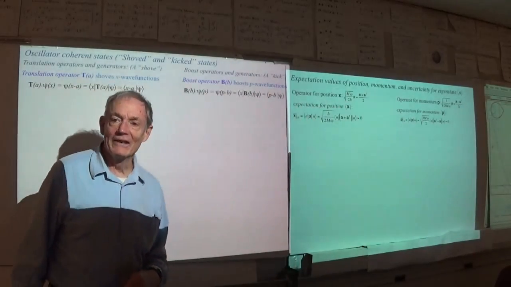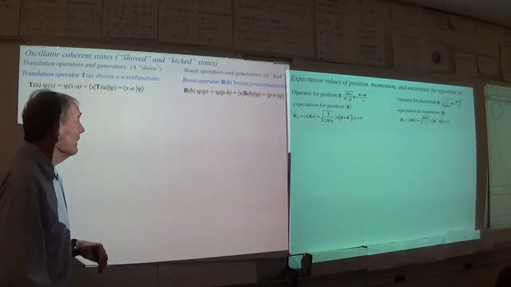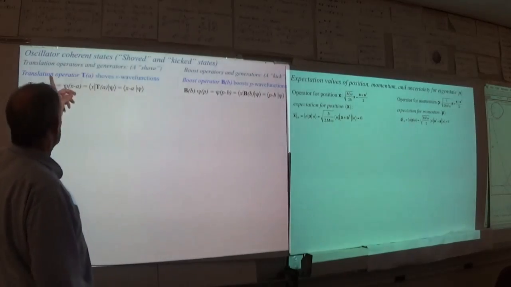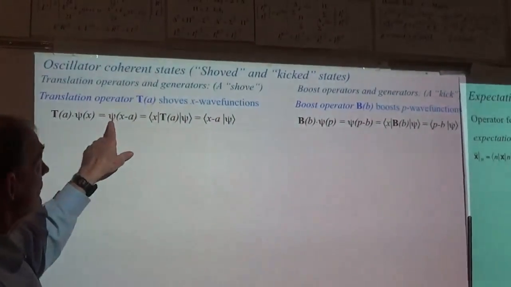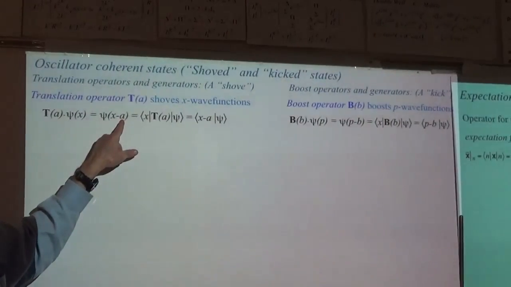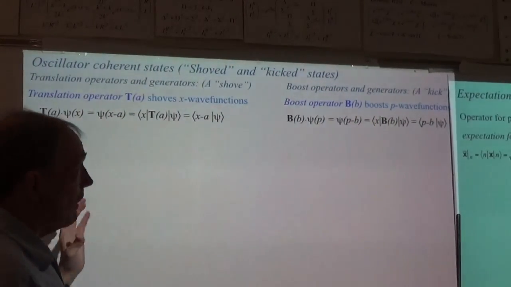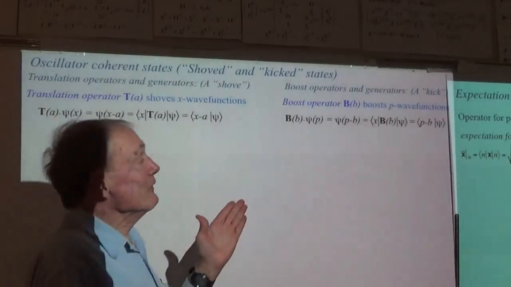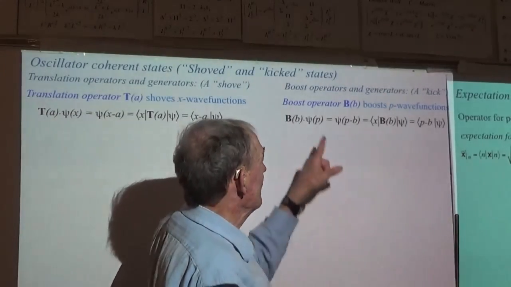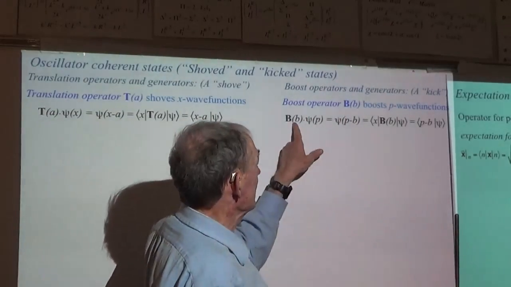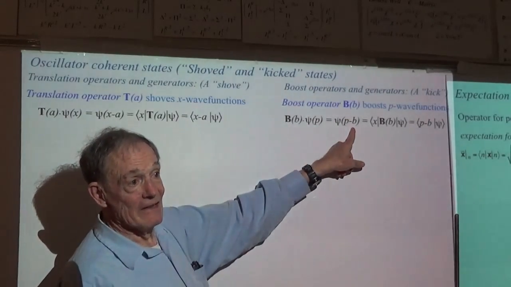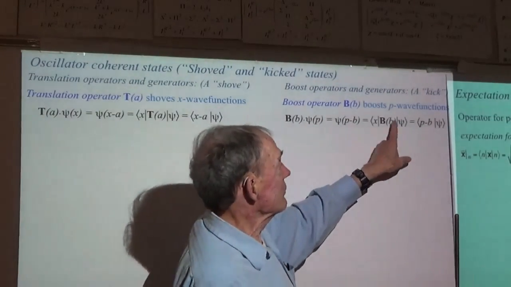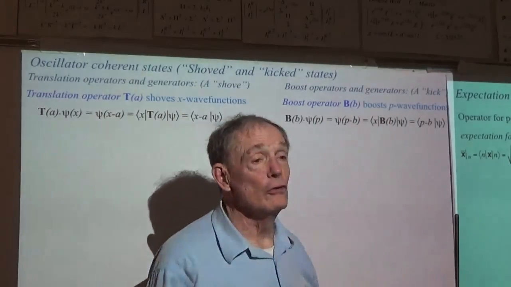It's a harmonic oscillator, okay? So that's what we've got here. We've got translation, which is done to make the wave function move a distance a. Or we've got the ill-mannered child who's going to punch it, give the momentum a boost. So we've got to figure out what those operators are to do that.